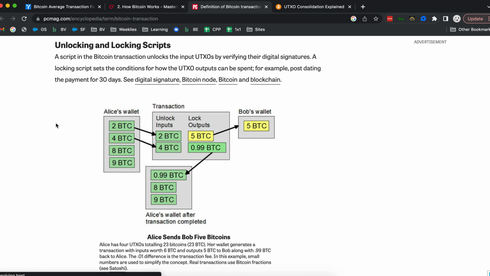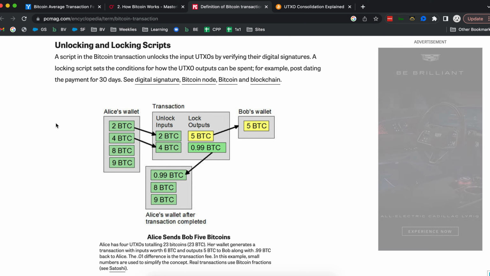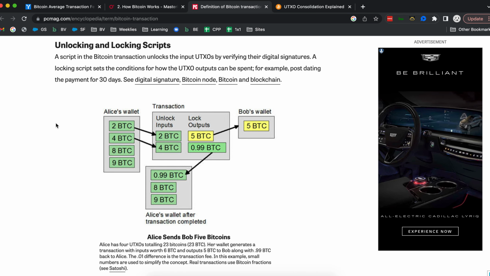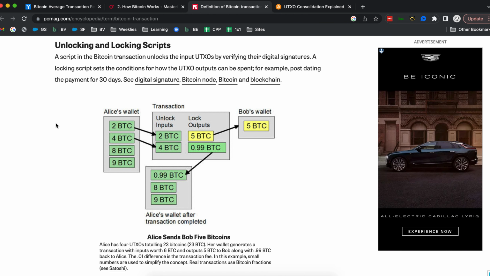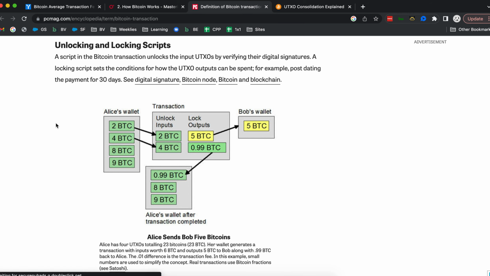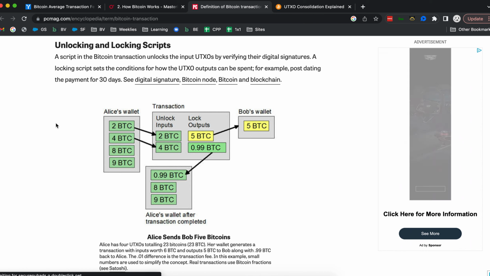So what that might look like is something like this. If you have Alice's wallet, Alice may have received over time 4 different transactions, which are now her unspent transaction outputs. This might be 2 Bitcoin and 4 Bitcoin. If she wanted to send 5 Bitcoin to Bob's wallet, you'll see she needs to choose a combination of inputs, and then the transaction will transform this into a new UTXO for Bob's wallet that is 5 Bitcoin.